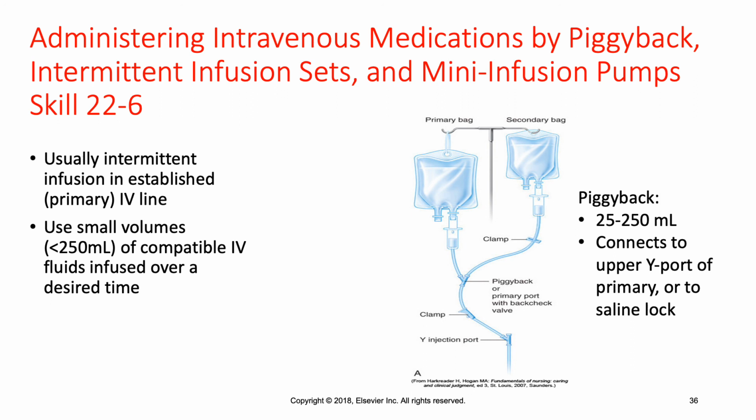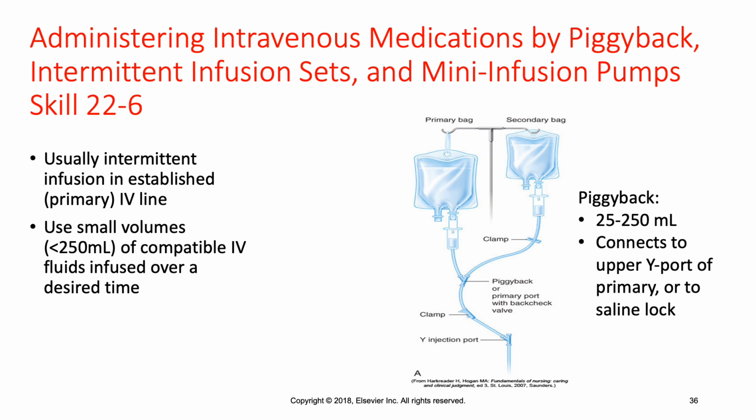These are methods to administer small volumes of fluid over a desired amount of time, and because we are administering them in conjunction with a primary fluid, we have to make sure that the two are compatible. So when you're looking up the medication, you're checking the compatibility of your primary fluid that is infusing, since there'll be some mixing. We have to make sure that they're compatible.